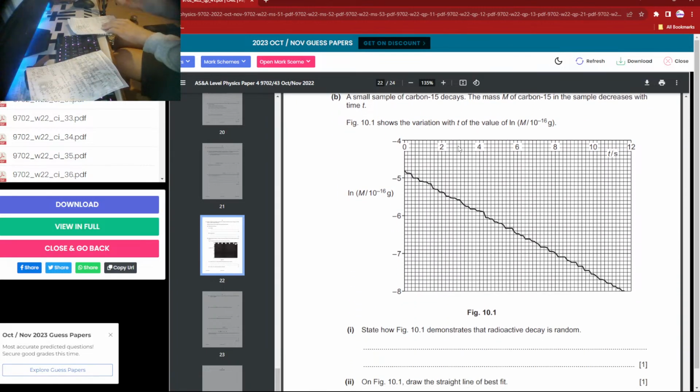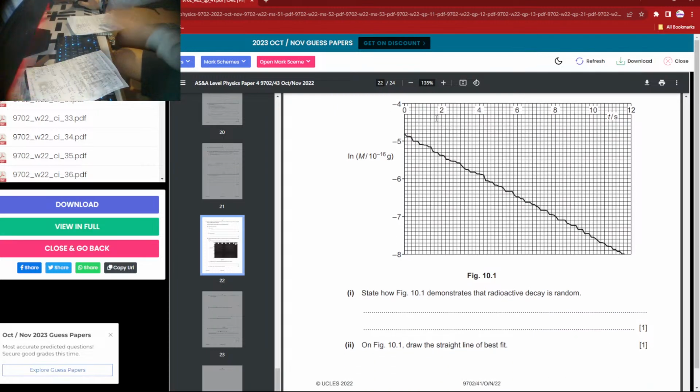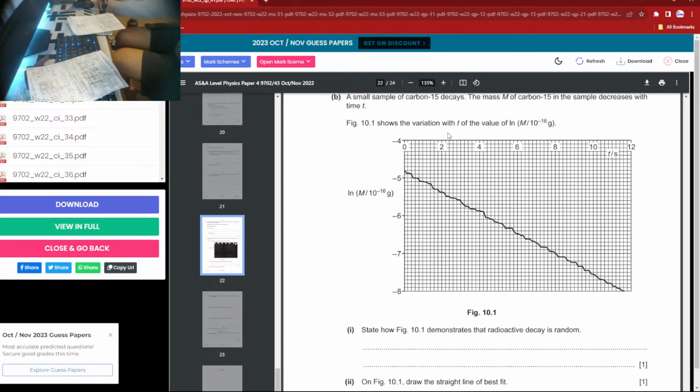Okay, B1. State how figure 10.1 demonstrates that the radioactive decay is random. So we can say the line is not straight. That's the answer.